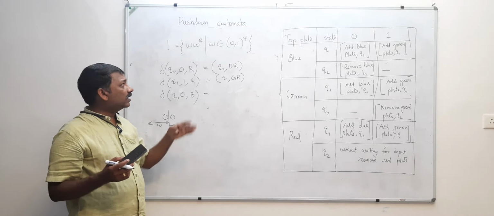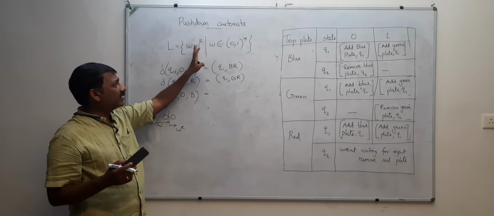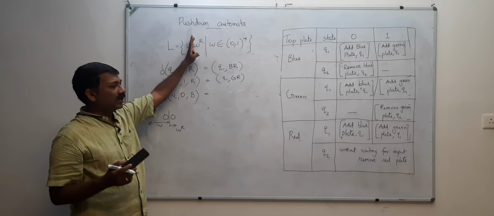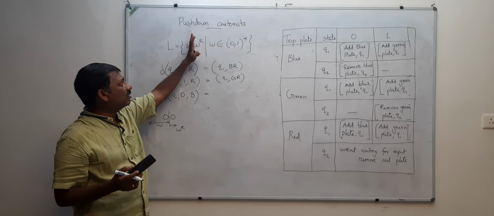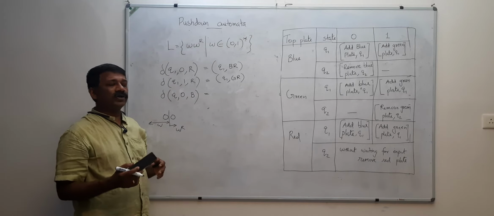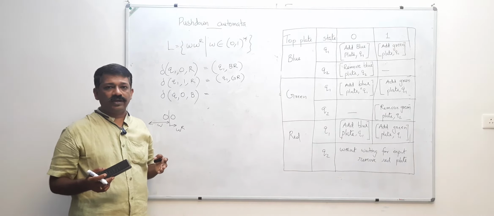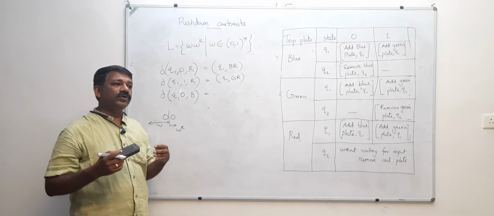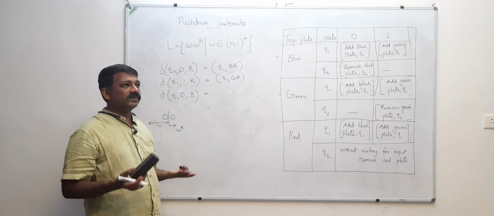Why? Here there is no mechanism to find out the middle. That means where this W terminates and the starting of W raised to R, there is no mechanism to find that out. For this, we are going to have a non-deterministic finite automaton.